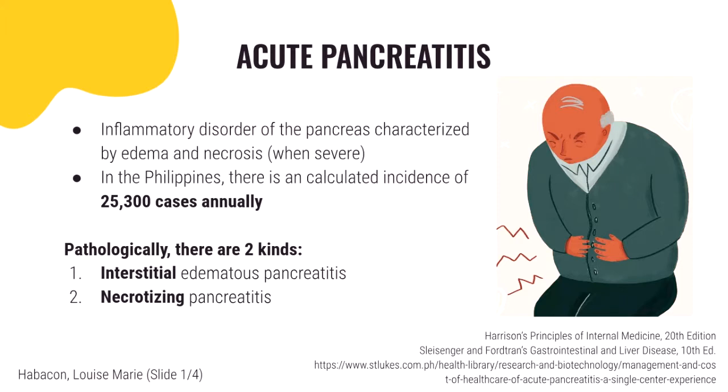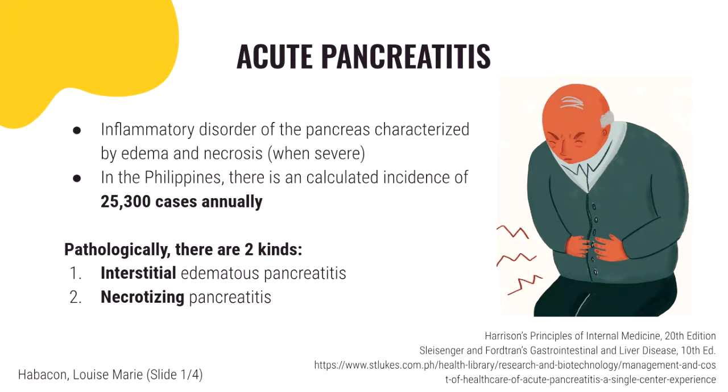Pathologically, acute pancreatitis has two kinds: interstitial edematous pancreatitis, which is described as having inflammation but no necrosis, while necrotizing pancreatitis presents with both inflammation and necrosis.